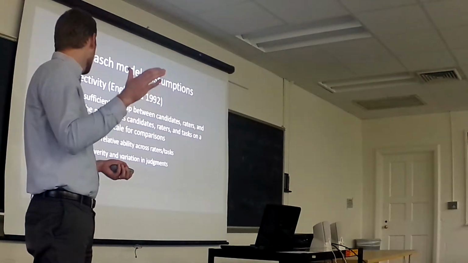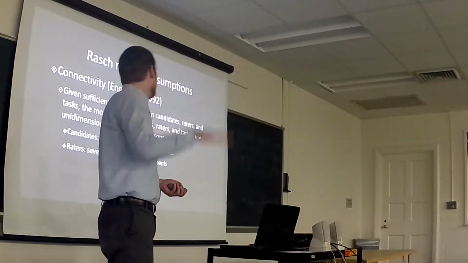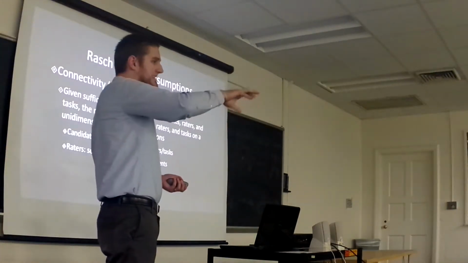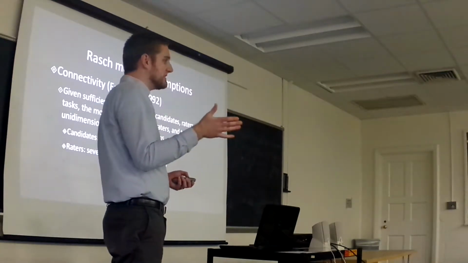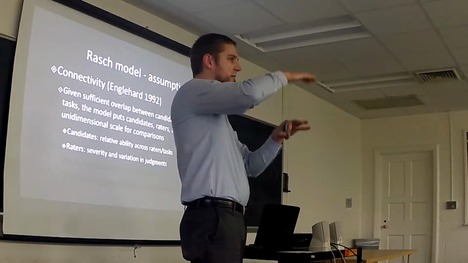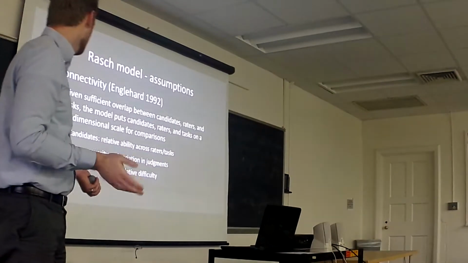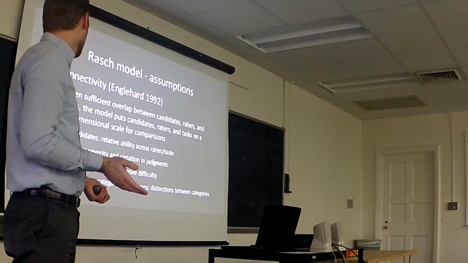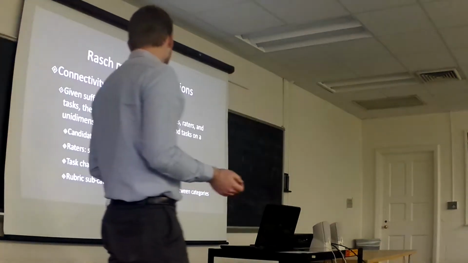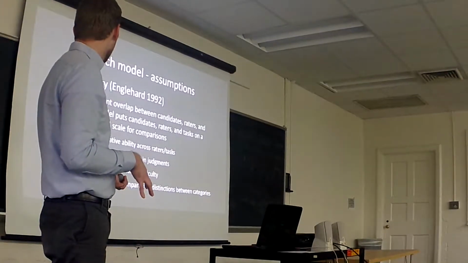The raters are given a score for their severity, and the model is also able to detect variation in judgment, so how consistent you are in rating the different people, or in separating the different people relative to the other raters. Then there are the task characteristics, the relative difficulty of the tasks compared to the other tasks, and the rubric subcategory comparisons, any distinctions between categories that there are, and I'll get to that further in a minute.